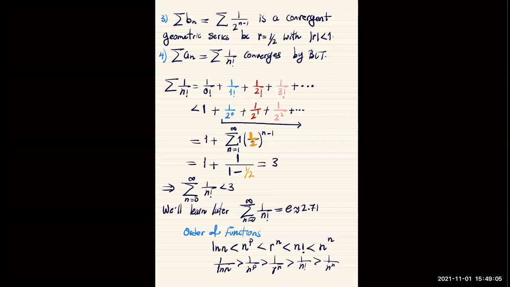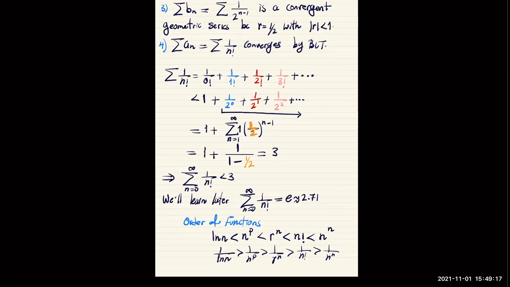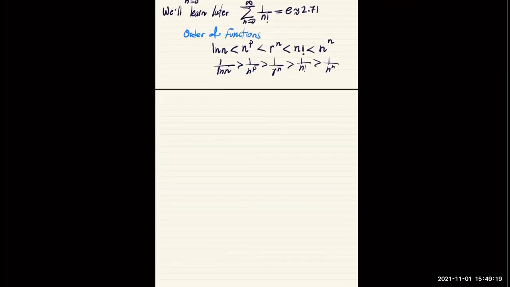It doesn't have to be less than or more than. It should just behave like our sequence in the long run. For example, you have the summation of 1 over n squared minus 10, or plus 10. It doesn't matter.